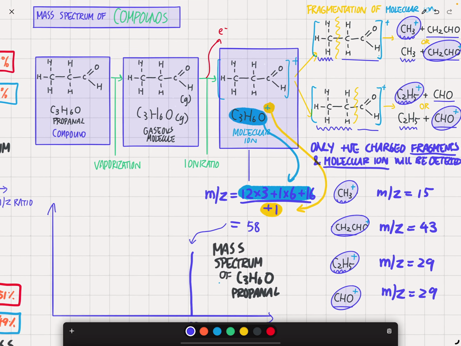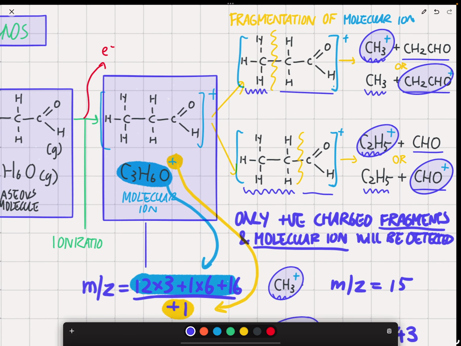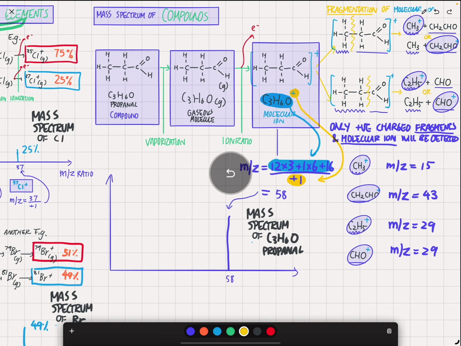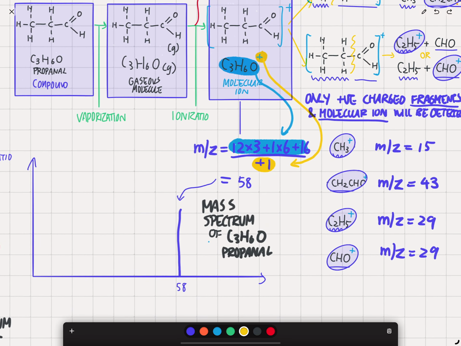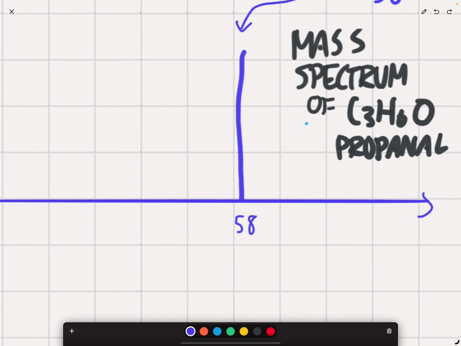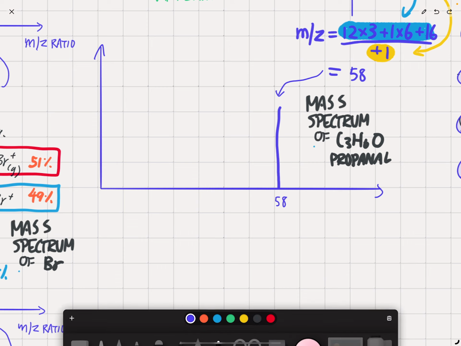Because this molecular ion undergoes fragmentation to form many different fragments, these are called the fragments. These fragments must have a smaller mass to charge ratio than the molecular ion, as they come from the molecular ion. So they will be found to the left of this molecular ion peak. Let me label the peaks for you.